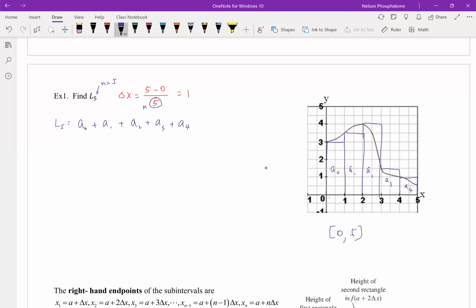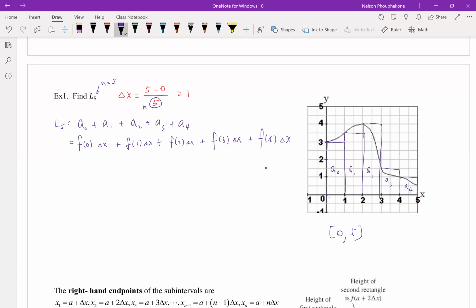Now if I want to work with the notations, a naught is f of 0 times delta x, plus a sub 1, which is f of 1 times delta x. A sub 2 is f of 2 times delta x, plus f of 3 times delta x, plus f of 4 times delta x, isn't it?